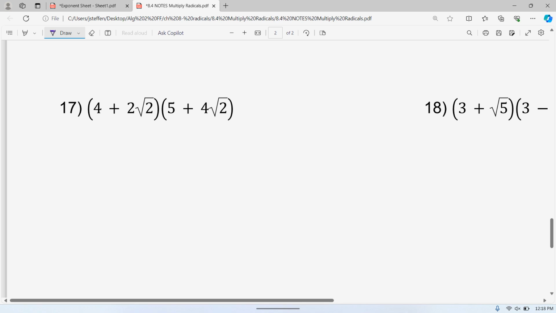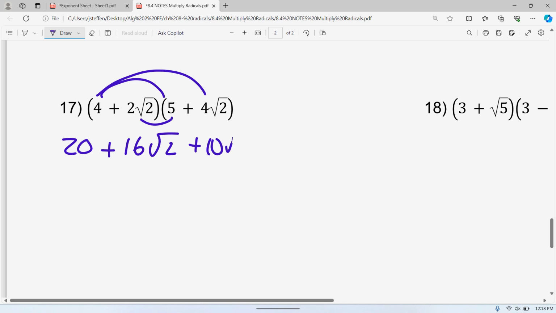4 times 5 is 20. 4 times 16. 2 root 2 times 5 is 10. 2 and 2 root 2 is 8. Square root of 2. I know I can combine.